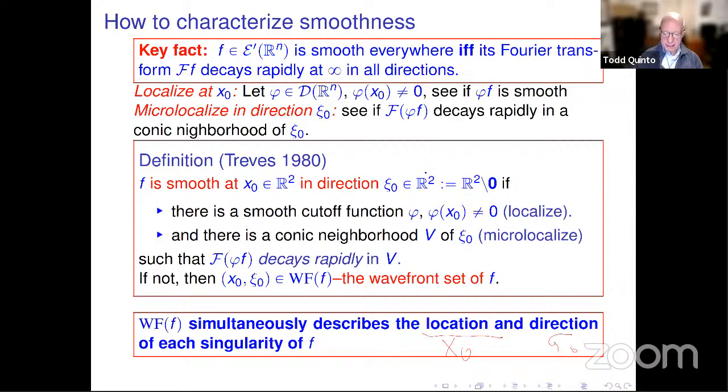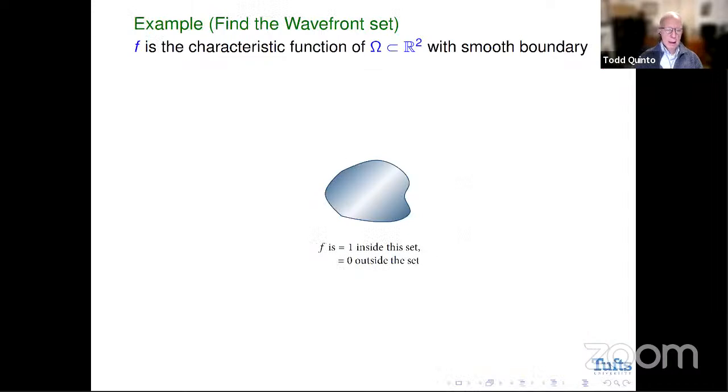So let's see an example. Let's take the characteristic function, 1 here and 0 here. And the places where it's singular, it's obvious, it's the boundary. And for each point on the boundary, the wavefront set, if the boundary is smooth, picks the normal direction.